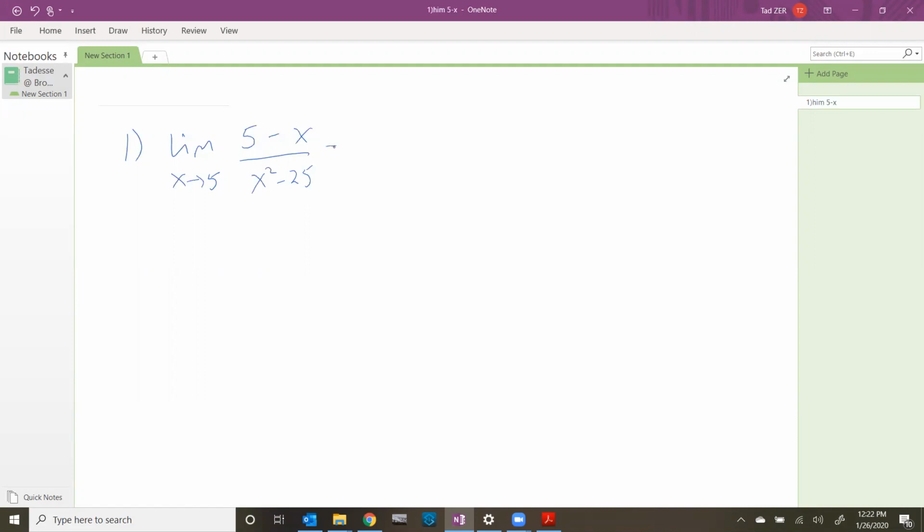So now let me simplify both the numerator and the denominator. That will give me the limit of 5 minus x over x squared minus 25, which is the difference of two squares, x minus 5 times x plus 5, as x approaches 5.